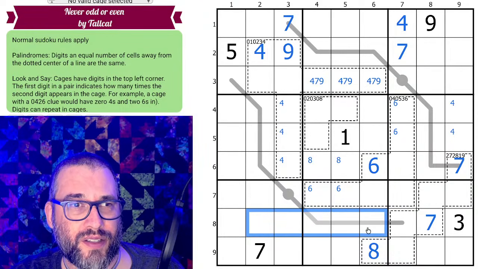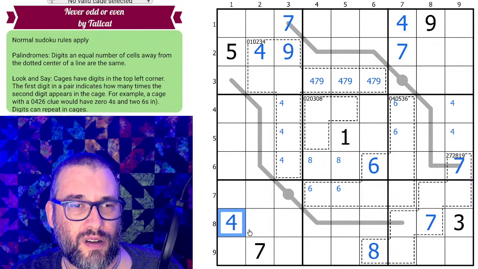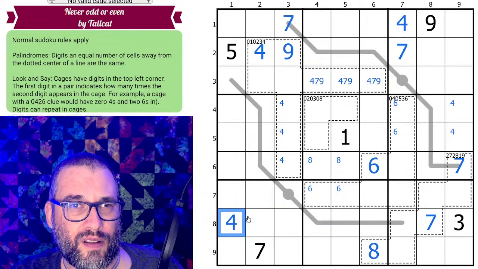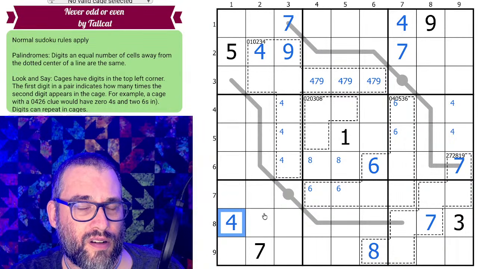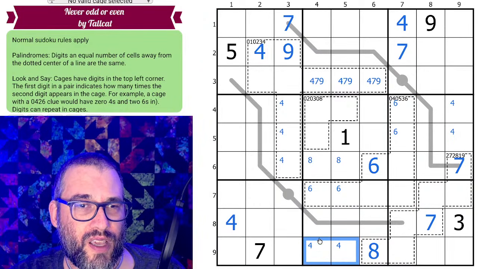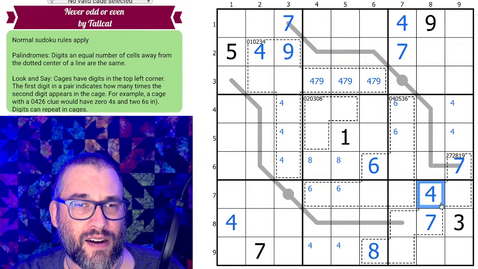It's not in any of these, so it's just here. Four in box 8, not in the top row. So it's in one of these. And now 4 in box 9 is exactly there.